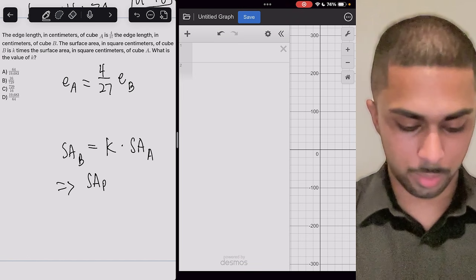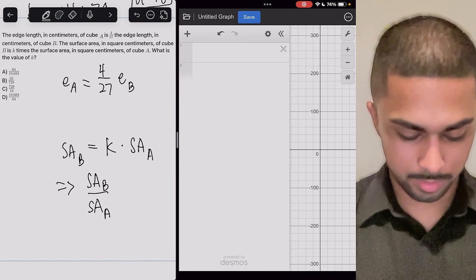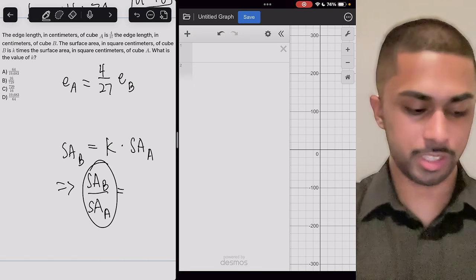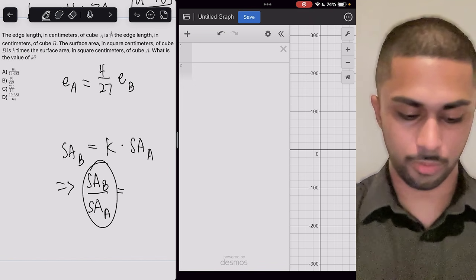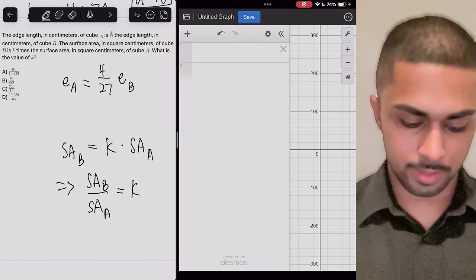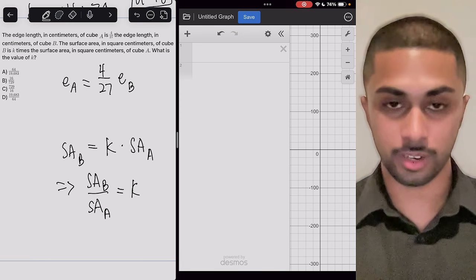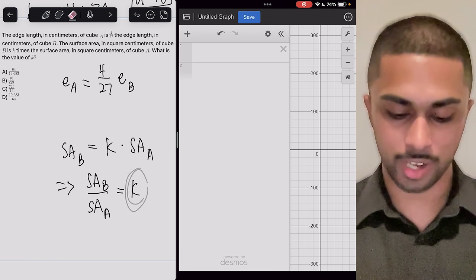And I think that at this point, you can see that we have a formula that's very similar to the one that we wrote over here just a couple of minutes ago. The ratio between the surface areas is equal to the scale factor squared.